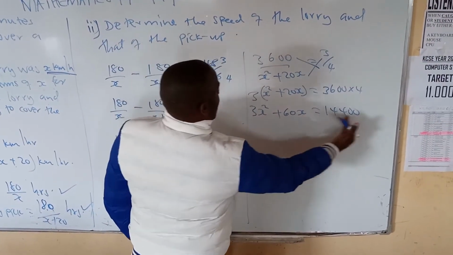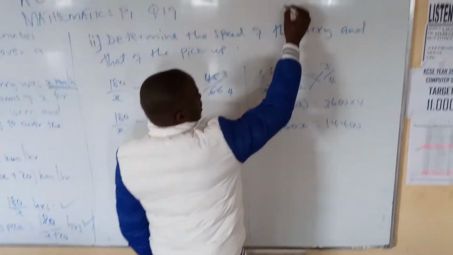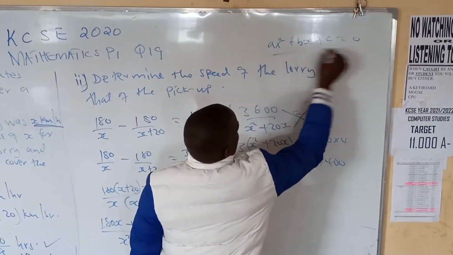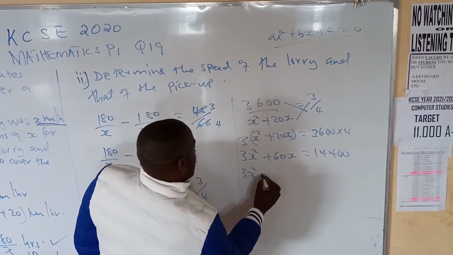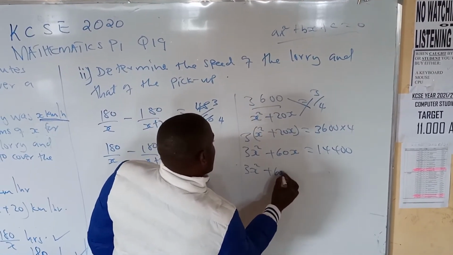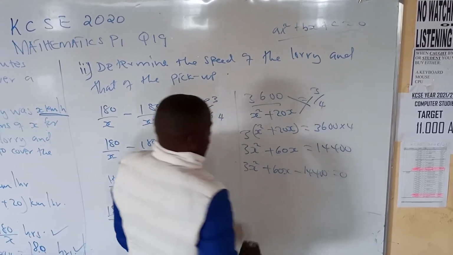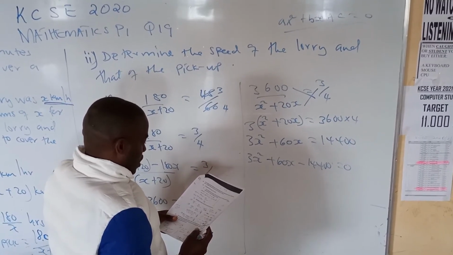So we make this an equation. If you look at this, this is a quadratic equation. A quadratic equation is of the form ax squared plus bx plus c equals 0. So we rearrange in that form, it will be 3x squared plus 60x minus 14,400 equals 0. So this is a quadratic equation in that form.